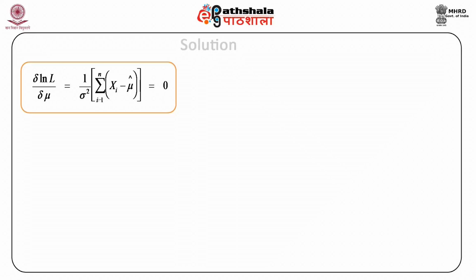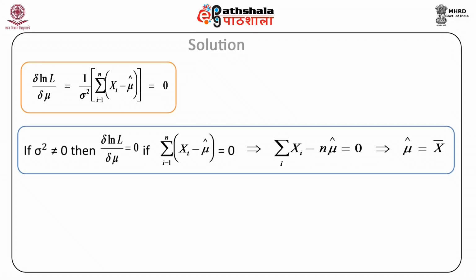And if you equate it to 0, we obtain from this that summation xi minus n mu hat is 0, implying thereby that mu hat is equal to x bar. Please remember, sigma square is not equal to 0, and therefore we can equate this to 0.